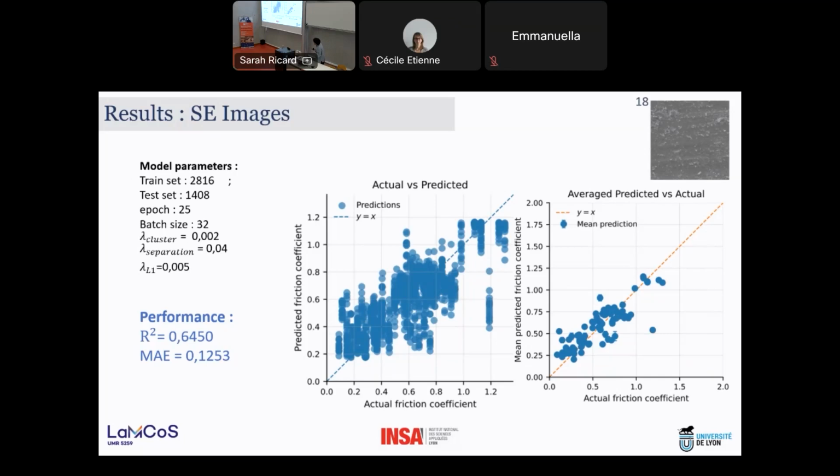Okay. So we have two metrics of performance here. We have the coefficient of determination, which is 0.64, and the mean absolute error, which is around 10%. Here we see that the model does capture the trend or some morphological cues that allow it to predict the coefficient of friction in a relatively good way.